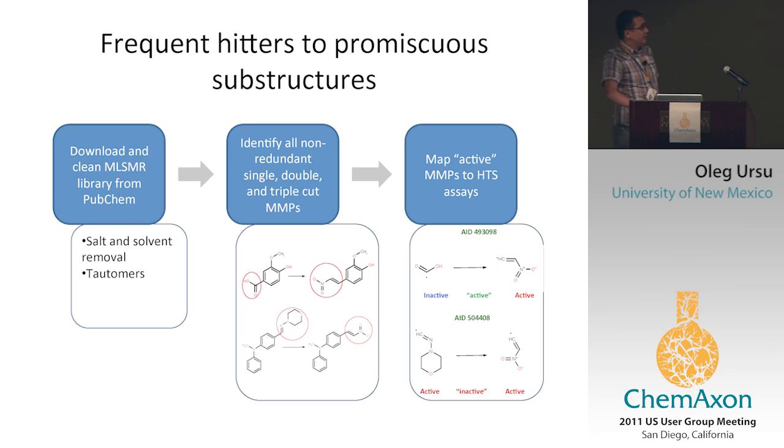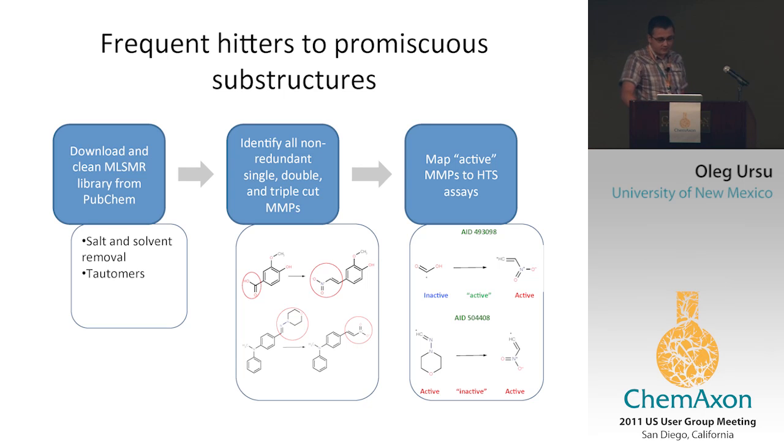So after downloading the MLSMR library activity data from the FTP site, you can download everything, remove the salts, do some basic tautomer standardization. You want to do double cuts, single cuts, and triple cuts, and then map these molecular matching pairs, which can be represented as SMIRKS, to identify the ones which are active and the ones which are inactive.